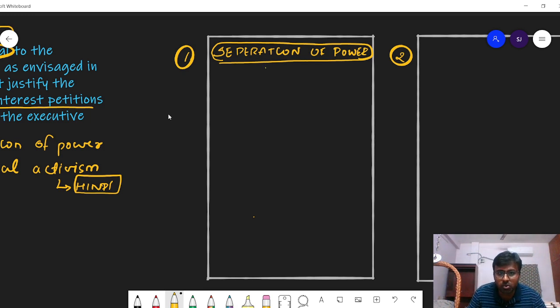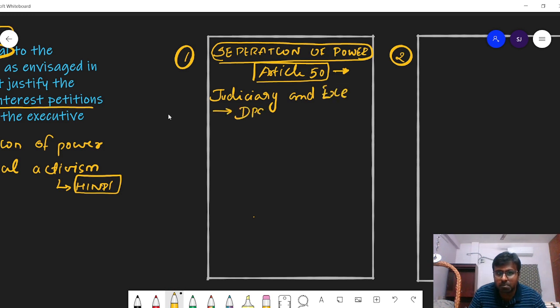So what I will do, Article 50. Have you seen this article? Article 50 in the Constitution says that separation of judiciary from executive is essential. Have you not seen this in the DPSP? Directive Principles of State Policy has this article.